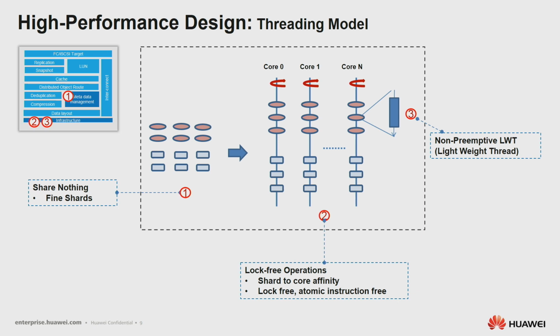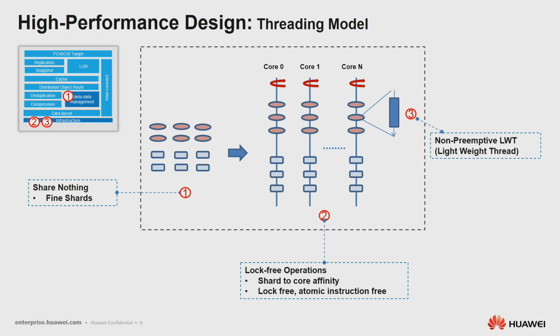So when we look at our design, there are several things we're trying to maximize for performance. This is our threading model. What we're trying to achieve with the threading model is the best performance. Here, we employ a share-nothing model, which means we partition the data structures into fine shards.